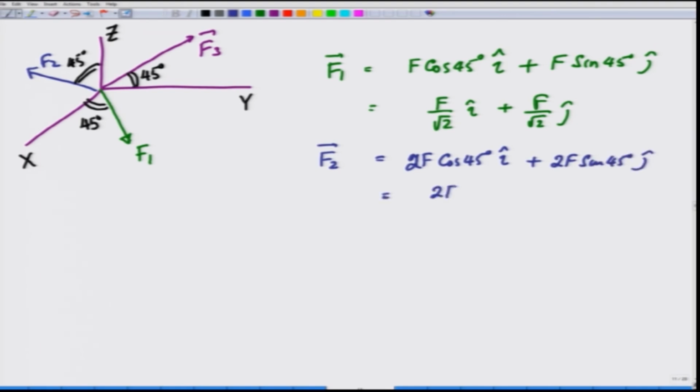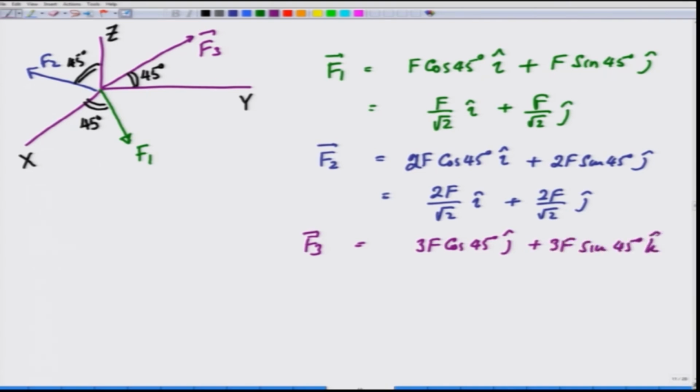So, this becomes 2f over root 2 i plus 2f over root 2 k, and F3 is in the y z plane. So, this is 3f cosine of 45 degrees in the j direction plus 3f sine of 45 degrees in the k direction. This comes out to be 3f over root 2 j plus 3f over root 2 k.